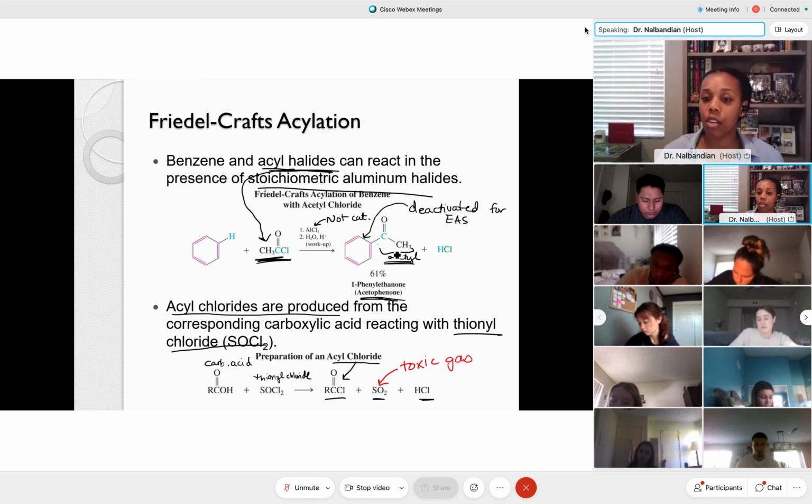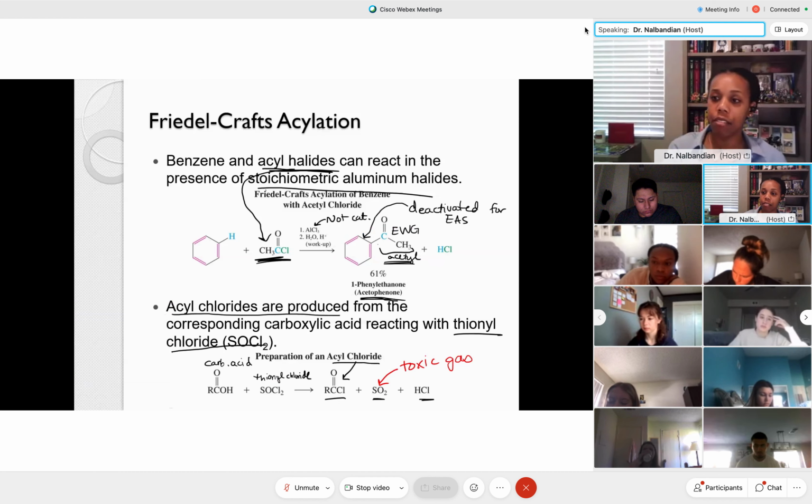The aldehyde or the ketone on the benzene ring, you know that that's an electron withdrawing group. We already talked about this kind of stuff. Remember when we were talking about the Diels-Alder? Electron withdrawing group, electron donating group for the diene or the dienophile. Those same things apply here.